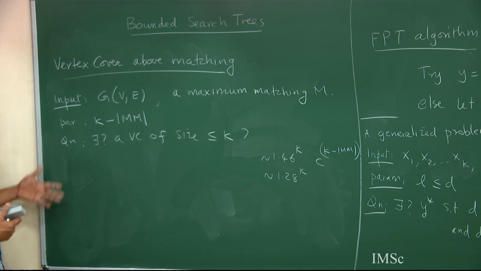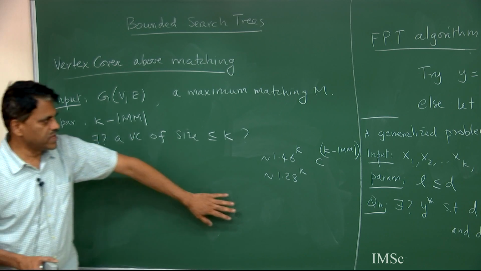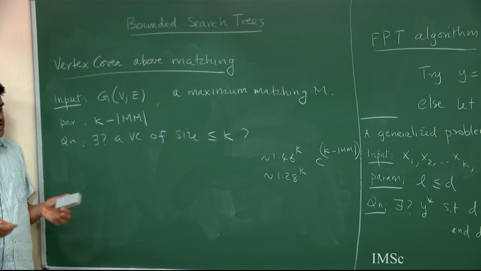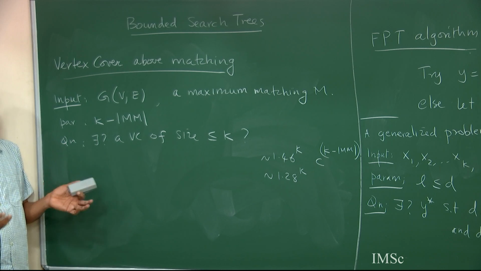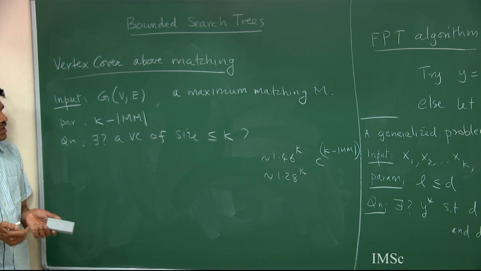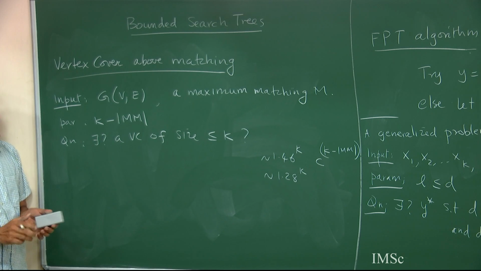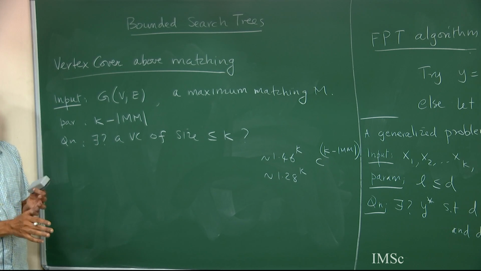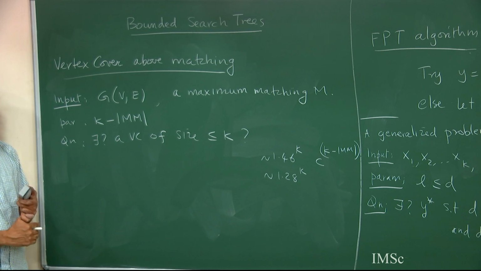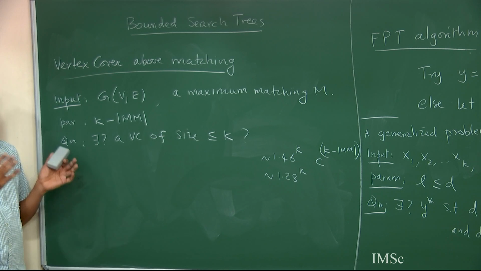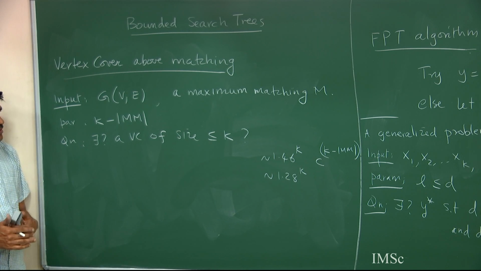Because one trivial way to solve this, even if I had not known these great FPT algorithms, is that if k is less than the size of the maximum matching, I will say no, there is no such vertex cover. Otherwise, in particular, if you have a perfect matching, then the number of vertices is at most 2k. Then you can even use your brute force algorithm, n choose k or 2 power n algorithm. Any of this would give you an FPT algorithm. But that's not a great FPT algorithm because we are using it when k is large.